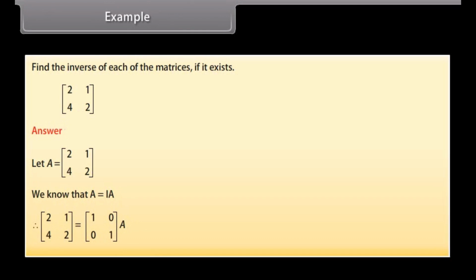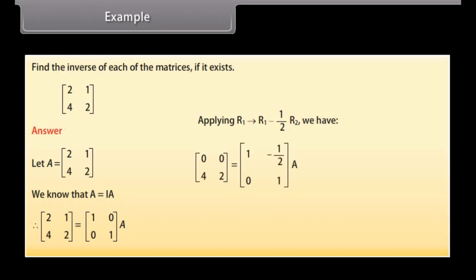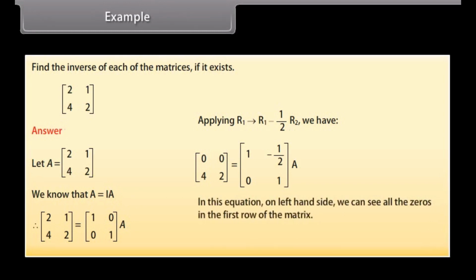Therefore, [[2, 1], [4, 2]] is equal to [[1, 0], [0, 1]] times A. Applying R1 changes to R1 minus 1 by 2 of R2, we have [[0, 0], [4, 2]] is equal to [[1, -1/2], [0, 1]] times A. In this equation, on the left-hand side, we can see all zeros in the first row of the matrix. Therefore, A inverse does not exist.